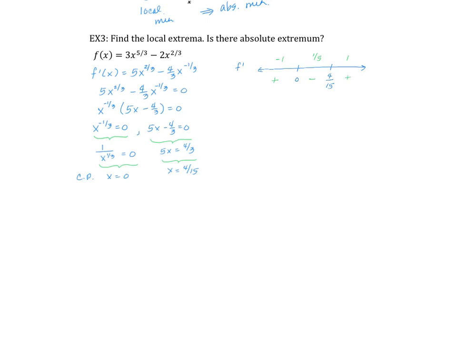So what I notice is that the derivative goes up, down, and up. Since the derivative did change signs, that tells me that there's going to be a local max at 0 and a local min at 4 over 15.